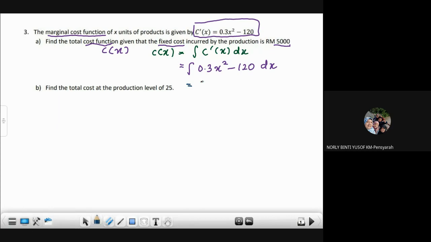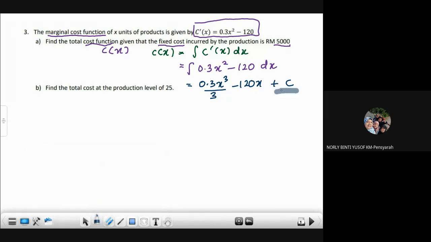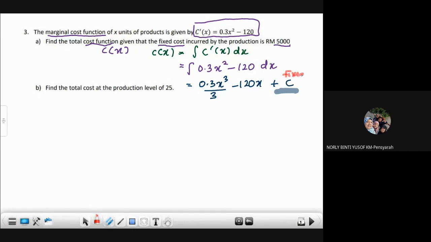So integrate will give you 0.3 x power of 3 over 3 minus 120x plus C. Okay, so the C process, this one, is your fixed cost. So kena ingatlah, mula-mula ni madam tulis lah kan, this is your fixed cost.